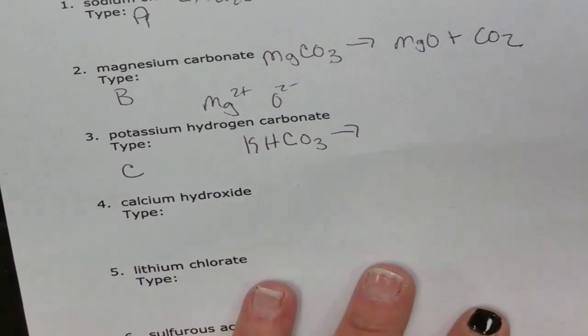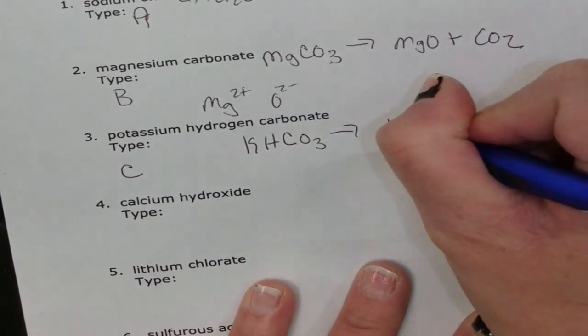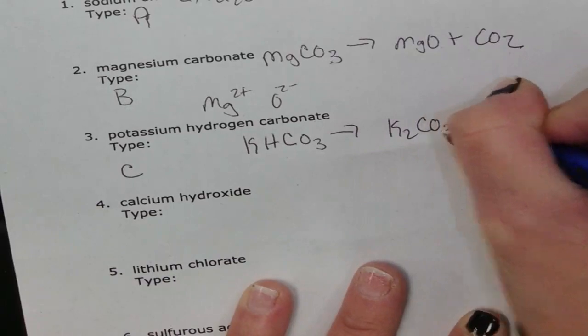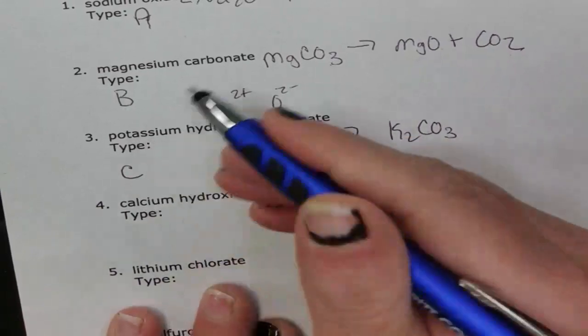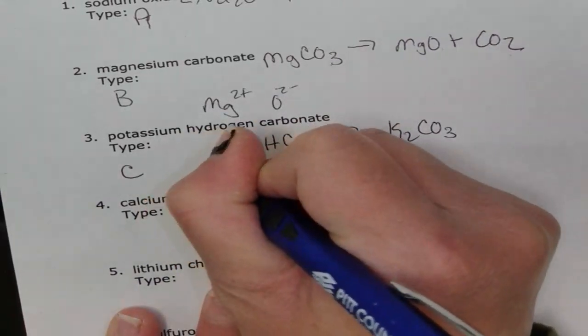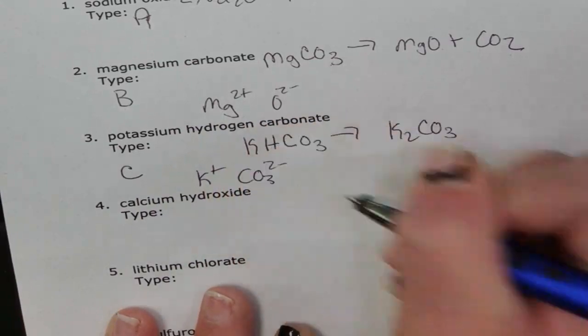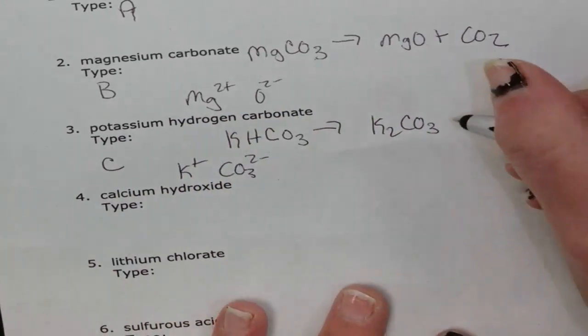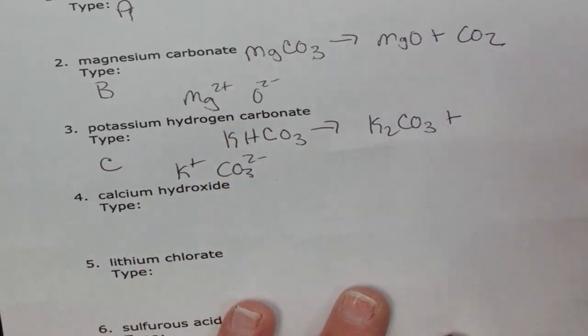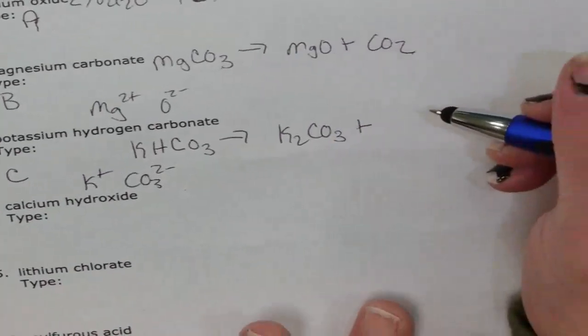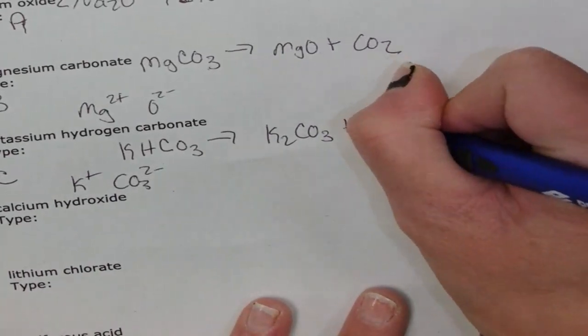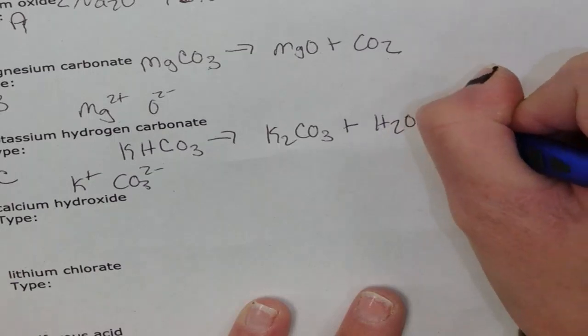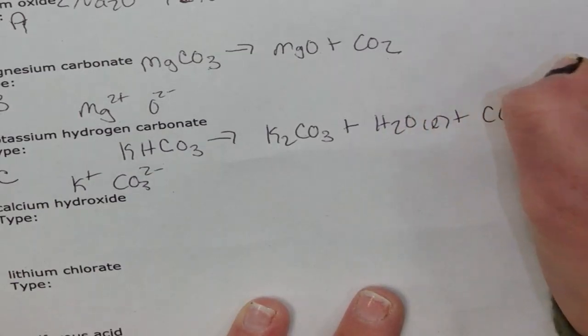All right, and it is going to make potassium carbonate. And again, remember when we swap and drop K plus and CO3 2 minus, swap and drop to K2CO3 plus liquid water and gaseous carbon dioxide.